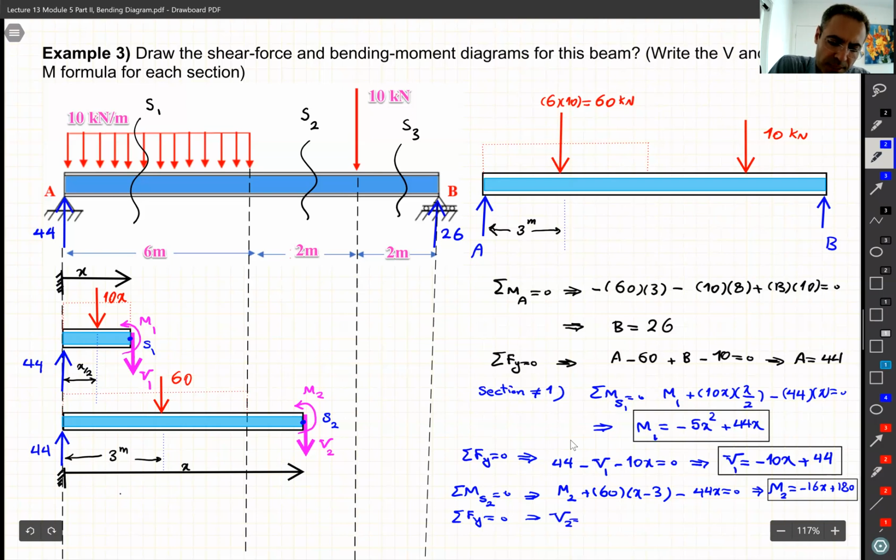I'm just going to be lazy here and write down minus 16, take the derivative, but you can try it later. So that's V2. And eventually we got to the last part, but this time it's wise to take the portion on the basically right side, right?